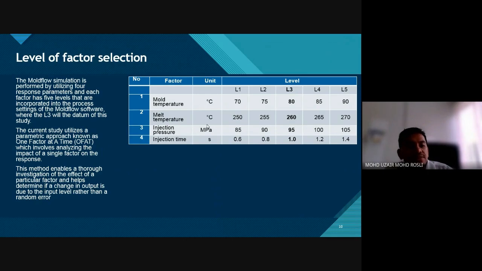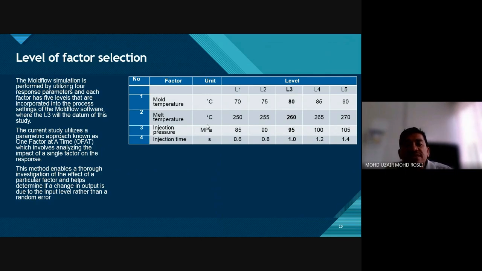For example, in this table, if you want to study the mold temperature factor, we can vary the mold temperature from 70 up to 90 with 5 levels. But the rest, the melt temperature, injection pressure, and injection time, we will keep constant for that case.